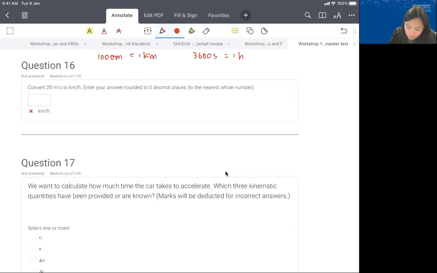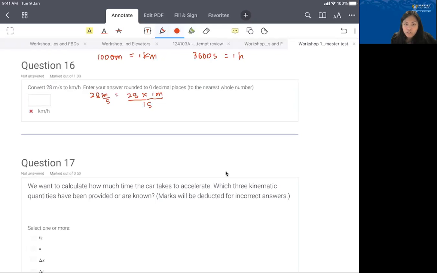We want to convert 28 meters per second to kilometers per hour. Usually we separate the number from the unit, so that's 28 times 1 meter divided by 1 second, so that you know which one you want to convert.